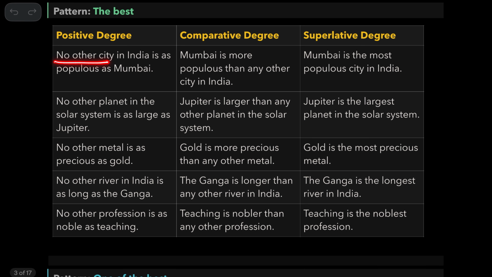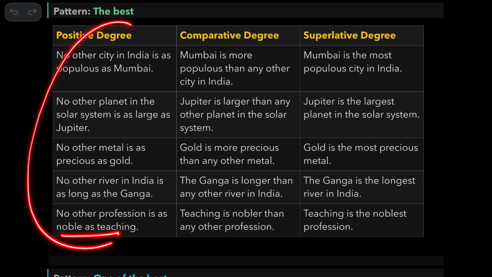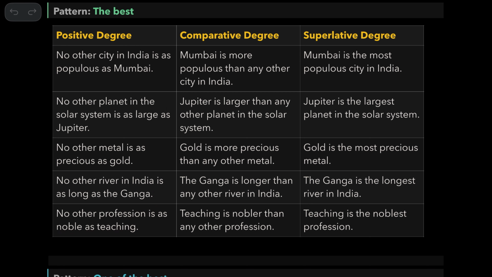No other planet in the solar system is as large as Jupiter. No other metal is as precious as gold. No other river in India is as long as the Ganga. No other profession is as noble as teaching. So try to understand the pattern here, especially the positive degree sentences referring to things that are unique.